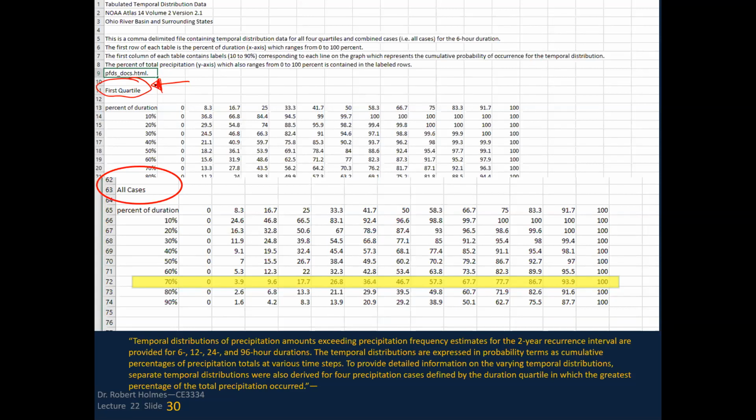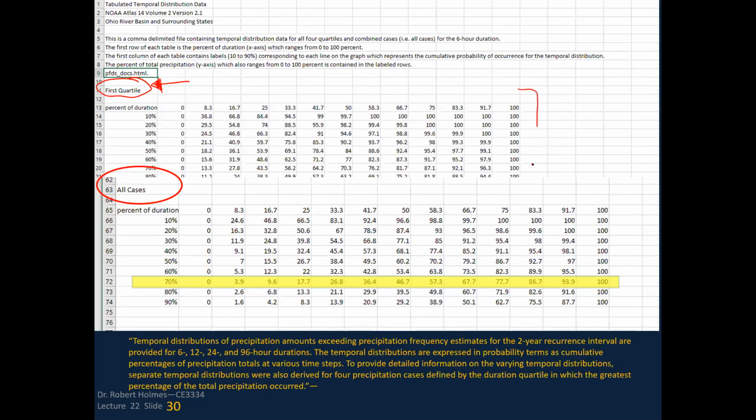So I'm showing you the first quartile, and I'll give you the second quartile, third quartile, and fourth quartile. And that's based on where the storm's peak is. There's a certain percentage of those reports, those storms, that were in quartile 1, and a certain percentage in quartile 2. So you can look at how they were broken out.